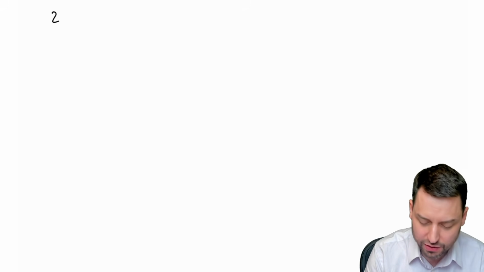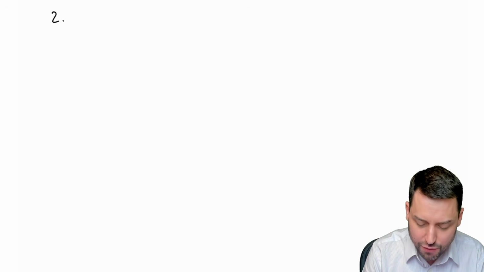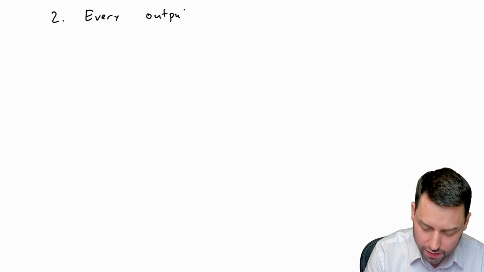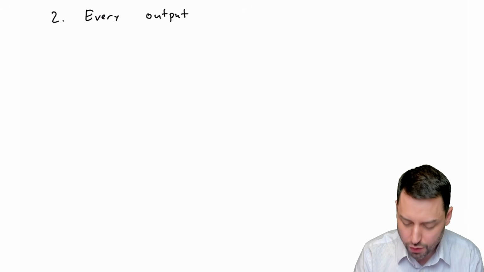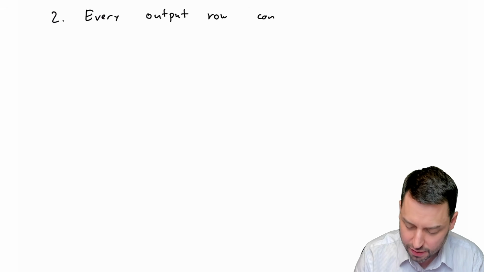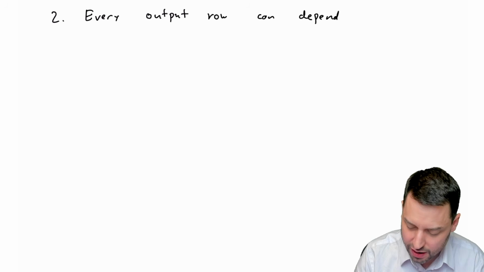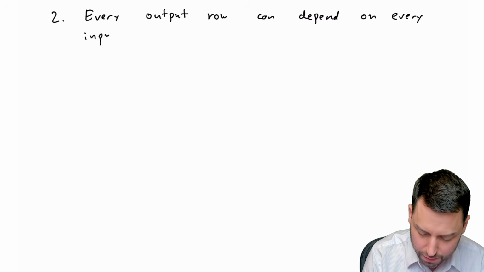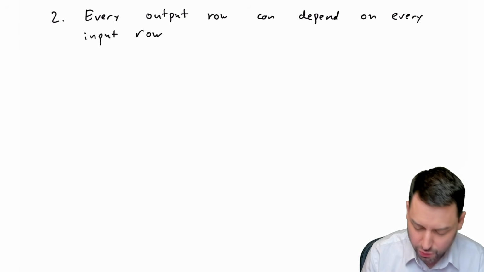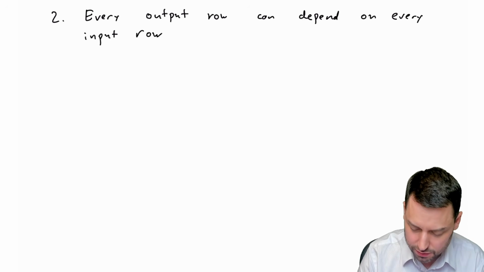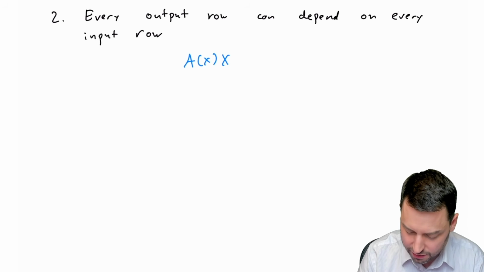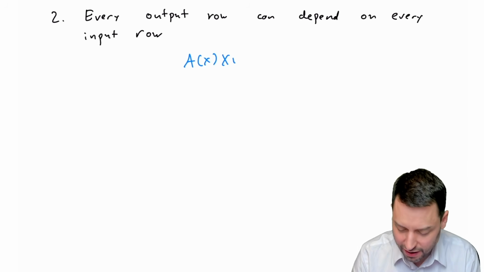The next property of transformers that is important to mention here is that every output row can depend on every input row, right? Because we have this matrix A(X) times X, or times V, but times X, W_V.